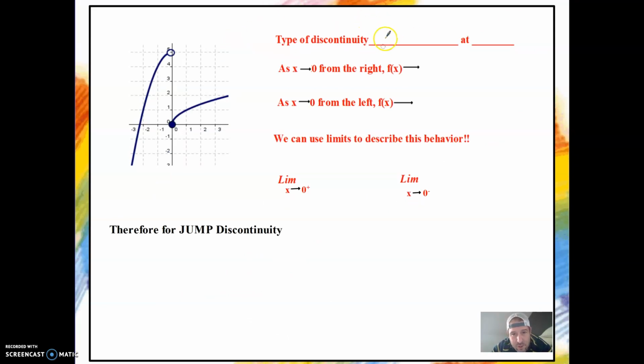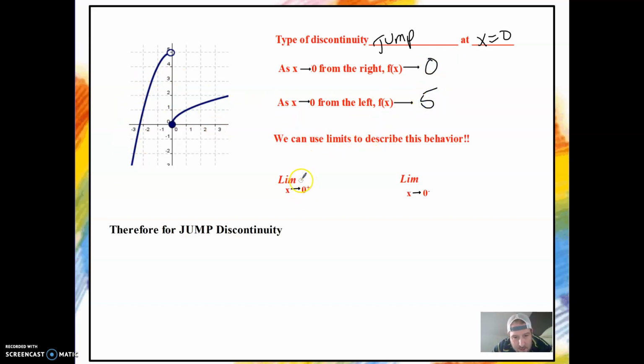This is a jump discontinuity, and it's jumping at x equals 0. As x is approaching 0 from the right-hand side, the height is getting closer and closer to 0. And as you're approaching 0 from the left-hand side, the height is getting closer and closer to 5.